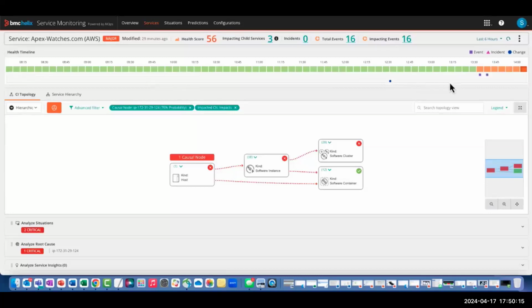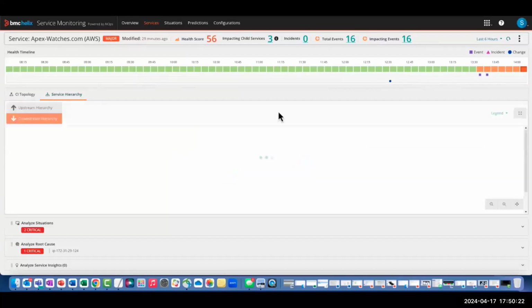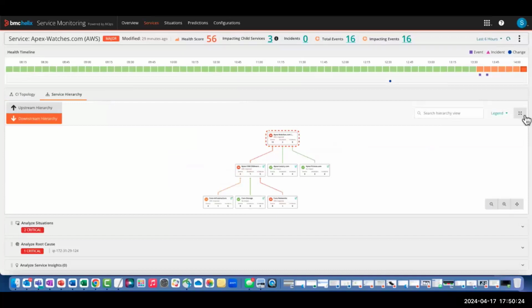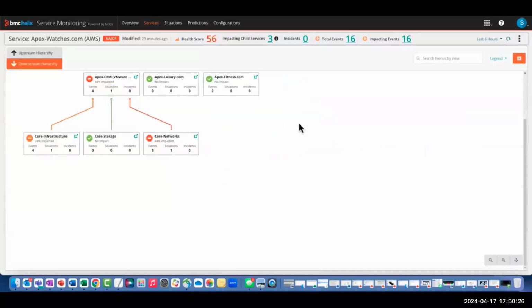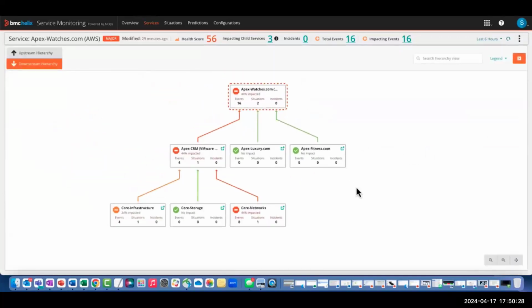Now, this gives me an overview and the timeline of what actually happened. But if I look down here, I can actually see the same service topology that we saw before in the slide. That's actually available to the operators. And why is that important? Because that allows us to see how different services impact each other.